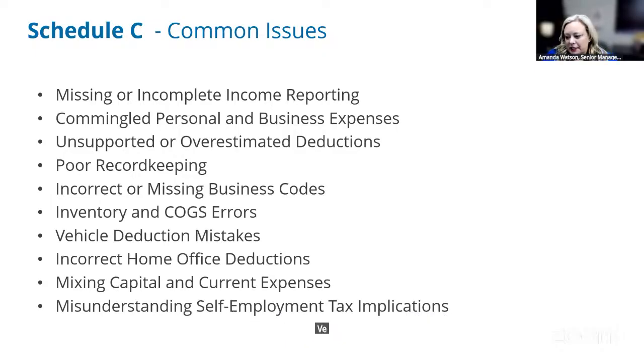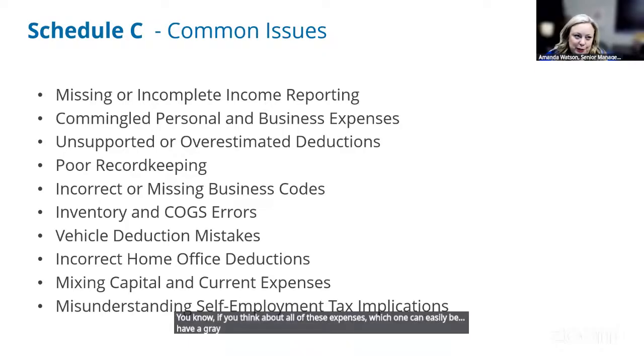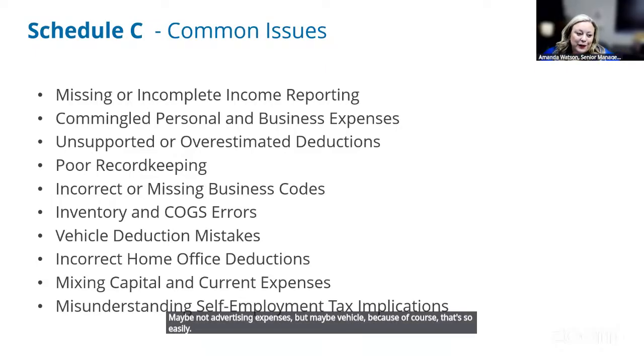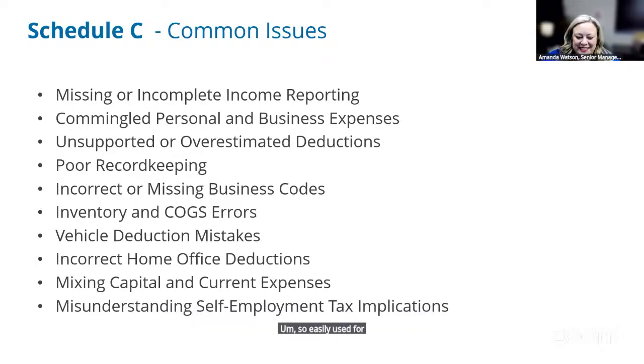Vehicle deduction mistakes are really a big area for audit. If you think about all of these expenses, which one can easily have a gray area between personal and business? Maybe not advertising expenses, but maybe vehicle, because of course that's so easily used for both personal and business. So it is one of the most common areas where I see IRS notices or audits, if we see those.